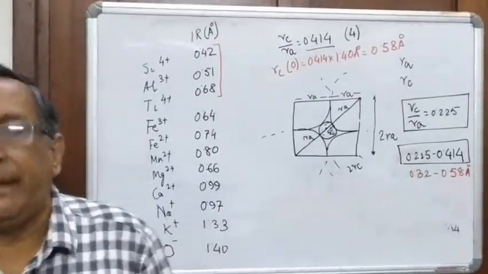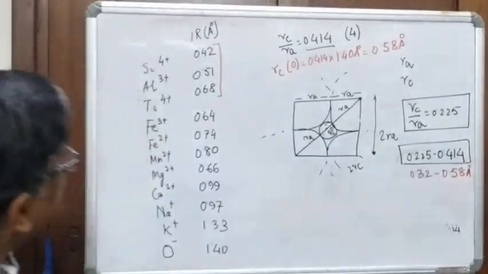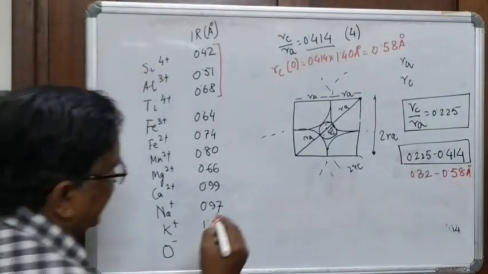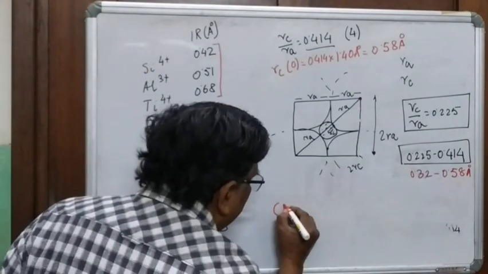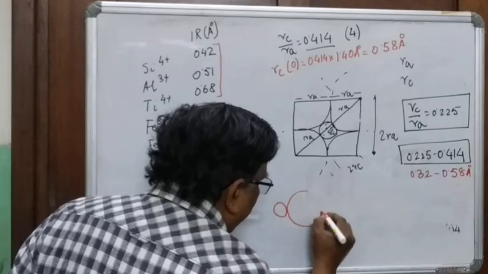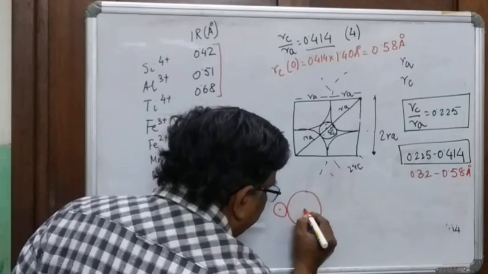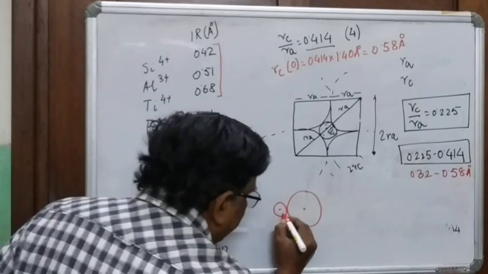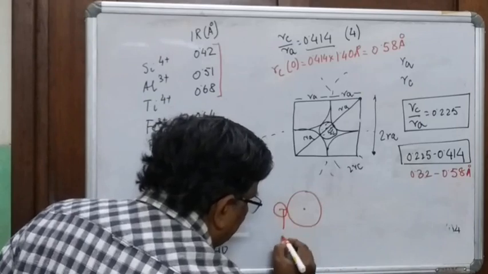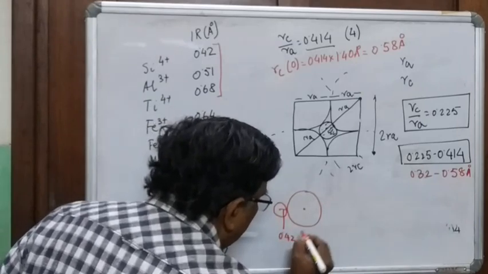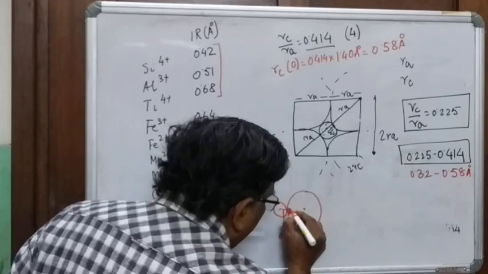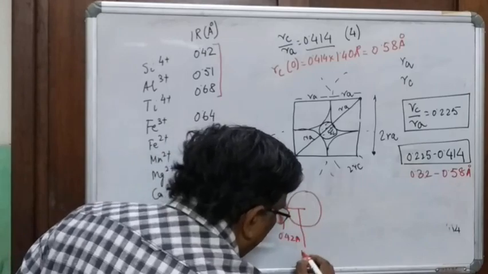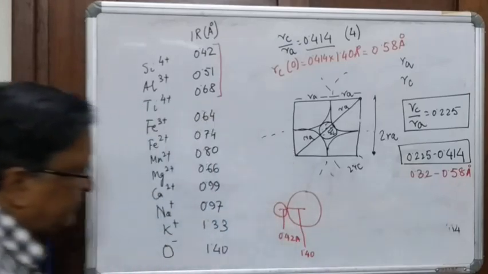But this does not happen. Why? Let's say I take a silicon ion and an oxygen ion, and I take this distance. This distance is 0.42 angstroms, and this distance is 1.40 angstroms.